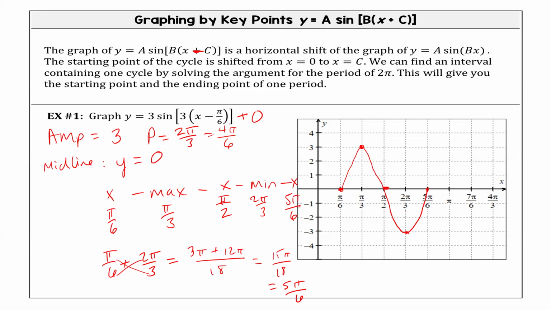If it asks me to continue this out, then I would repeat. Following this pattern, remember, it's basically like copying and pasting what you did. So now I'm already at an x and it's going to repeat again. I'm now going to go up to a max, down to an x, and then down to a min.